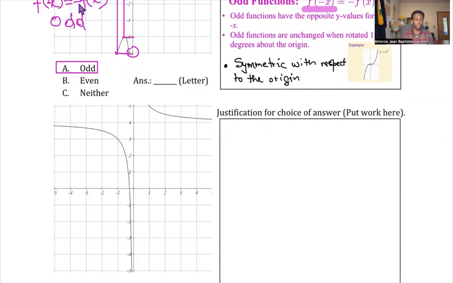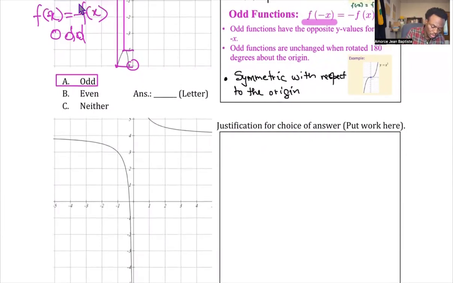We also know f of negative x equals f of x for functions that are even, and odd functions, they are symmetric with respect to the origin, and then f of negative x is negative f of x for any x value in the domain of the function. Now, if we cannot have even or odd, we just call it neither. So in this case, this one answer was A.